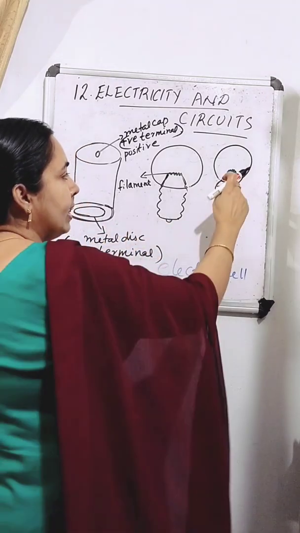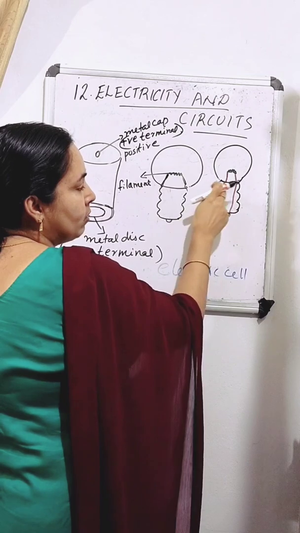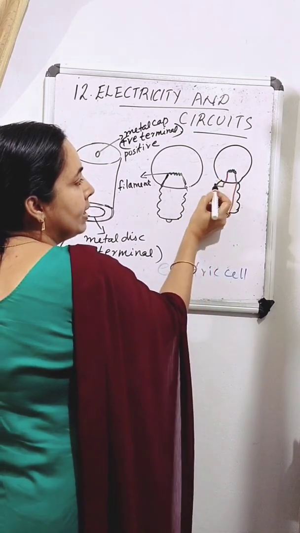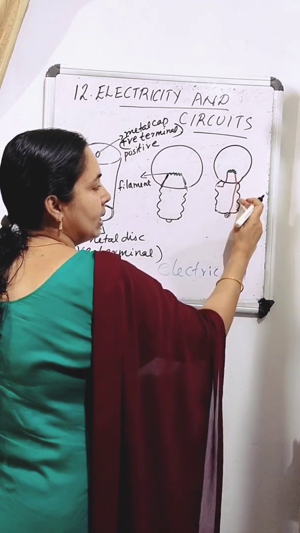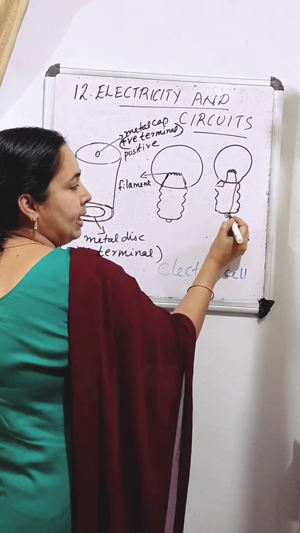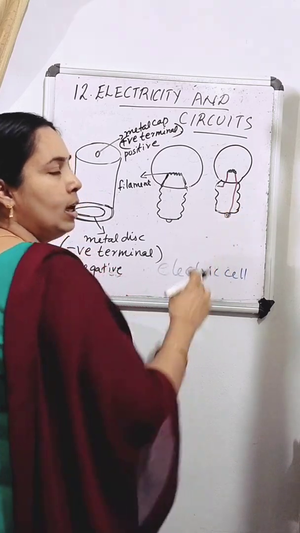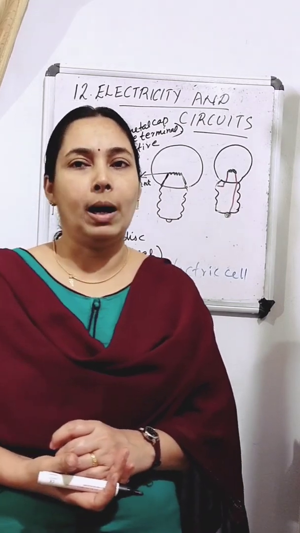One wire is connected to the metal case just below the bulb, and the other thick wire is connected to the metal tip at the center of the base of the bulb.